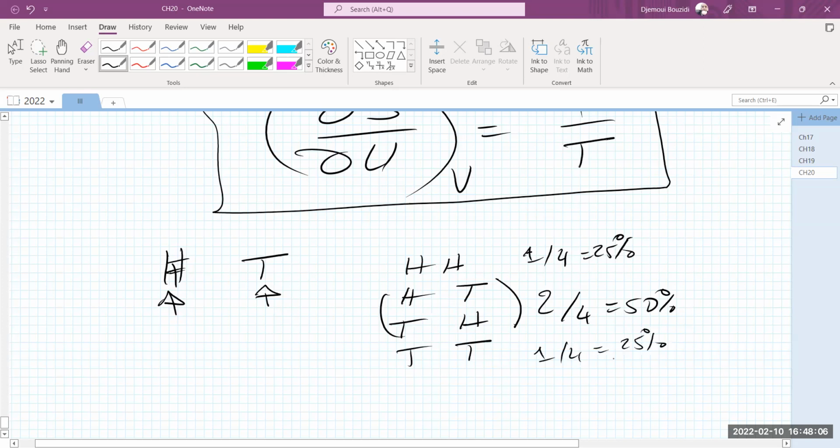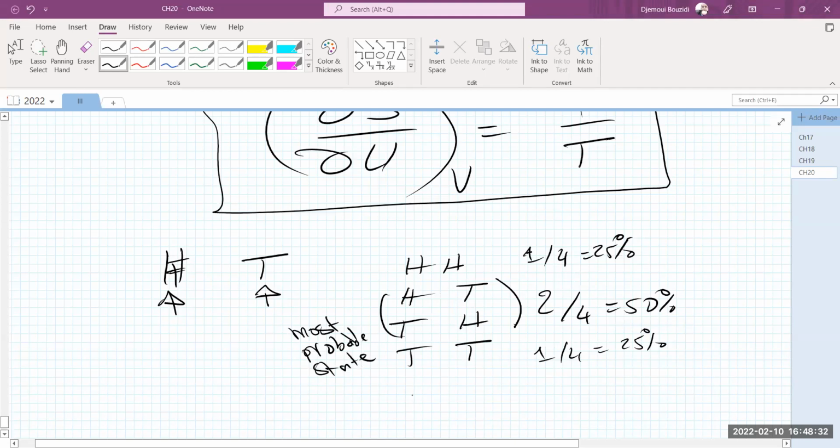So if my coins are fair, and there are 2 of them, and I flip them, there is a 50% chance of finding one of them in heads and the other one in tails. This is the most probable state.